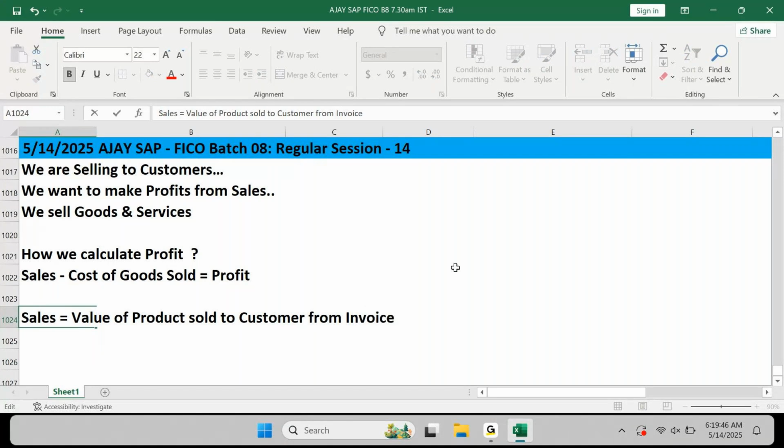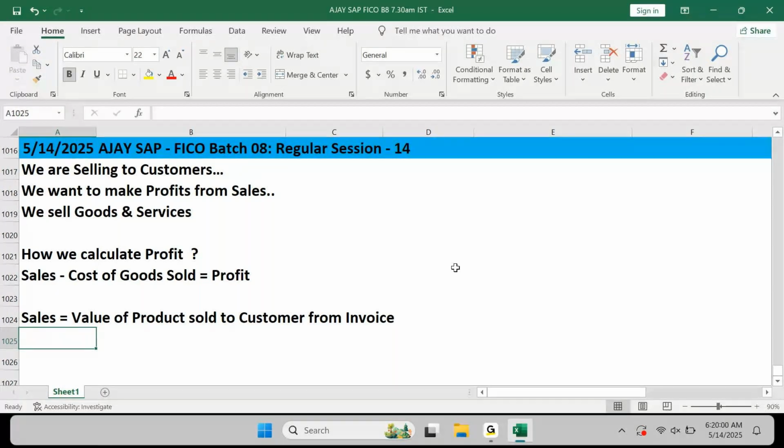Is this correct? When you sell anything, are we supposed to give an invoice to the customer or not required? Bill. Bill is required, because if you don't produce any bill, no customer will buy from you. And whatever value you mention on your bill, on your invoice, it is called the sales value.